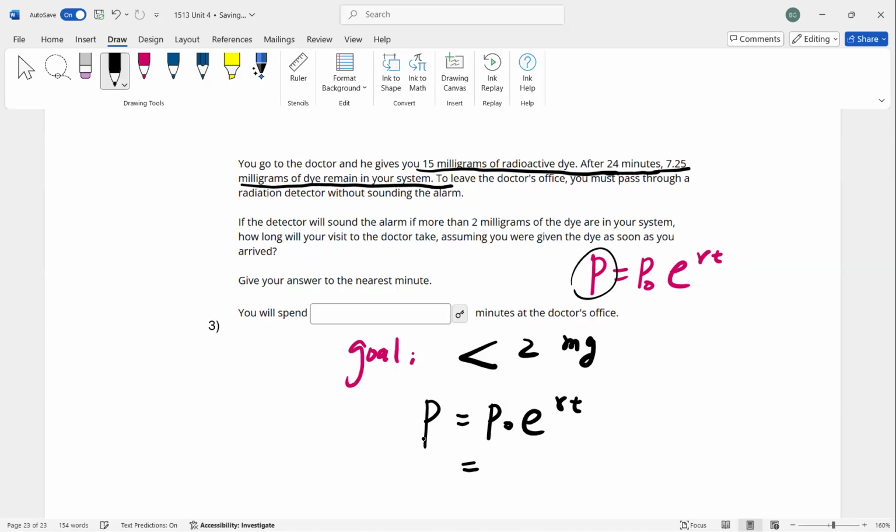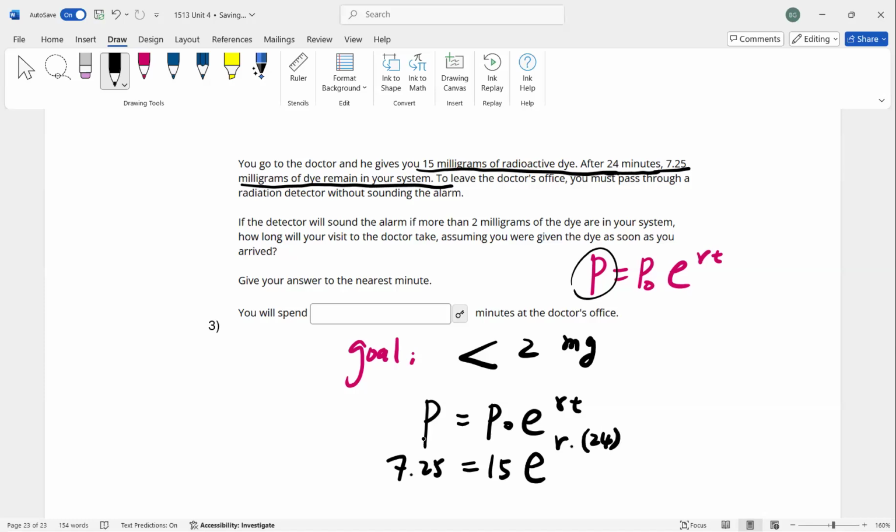After 24 minutes, 7.25 milligrams remain in your system. Initially, the doctor gave you 15. Oh, it's not half. It's not 7.5, it's 7.25. And e to the power of r t, where t is 24 minutes.